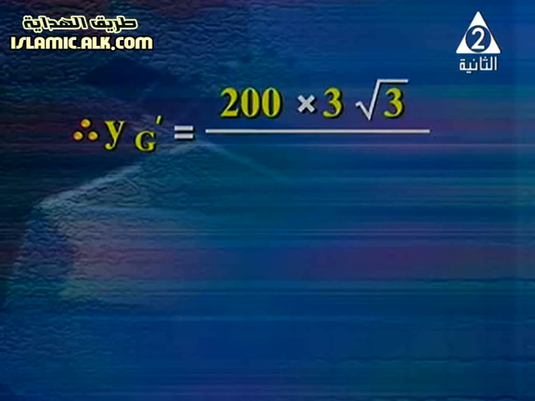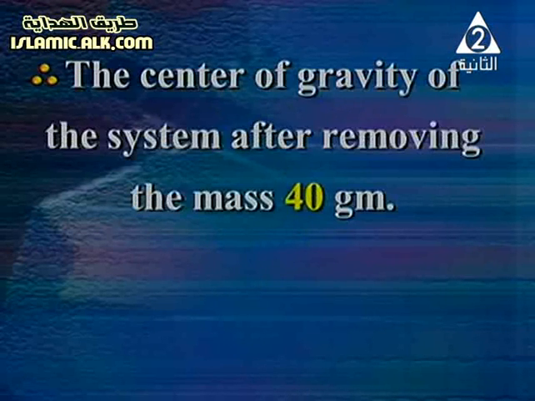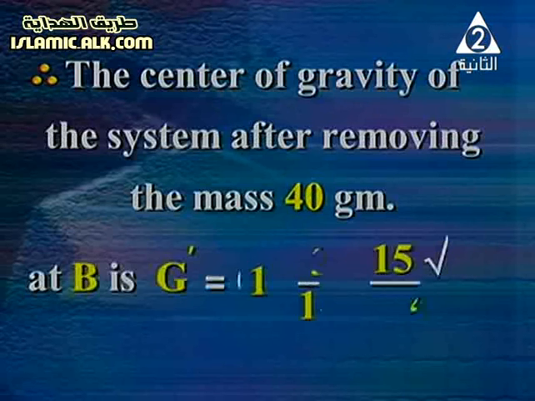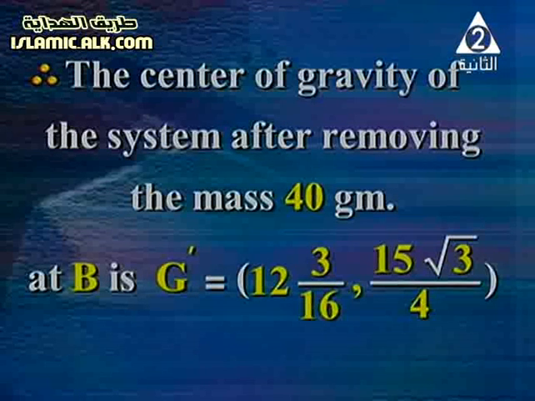After that, we find y g dash by using the same method: 200 times 3 root 3 over 160 equals 15 root 3 over 4. Then the center of gravity of the system after removing the mass 40 gram at point B is G dash, with coordinates 12 and 3 over 16, 15 root 3 over 4.